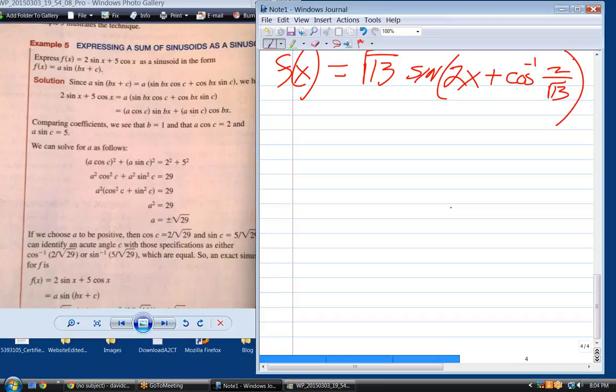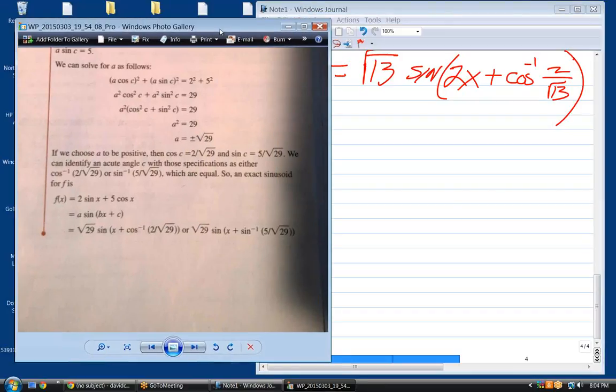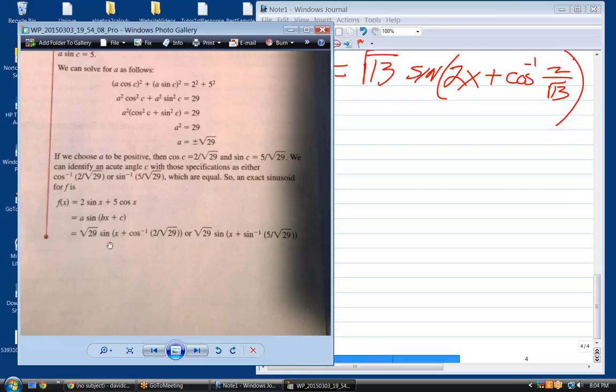I'm looking at the picture that I took, and it should be, can you scroll down a few? Oh, yes. I'm sorry. I thought that it wasn't on there, but it is on there. Okay, see what they've done? A, they figured out, was root 29. The sine of 1x, in their case, because B was 1, plus the inverse of that, or square root of 29 times the sine of x plus the inverse sine of that.